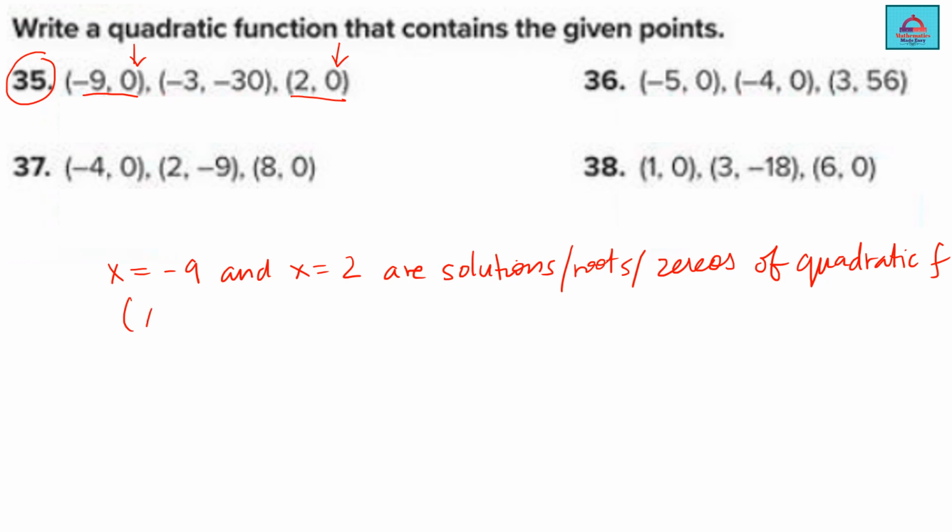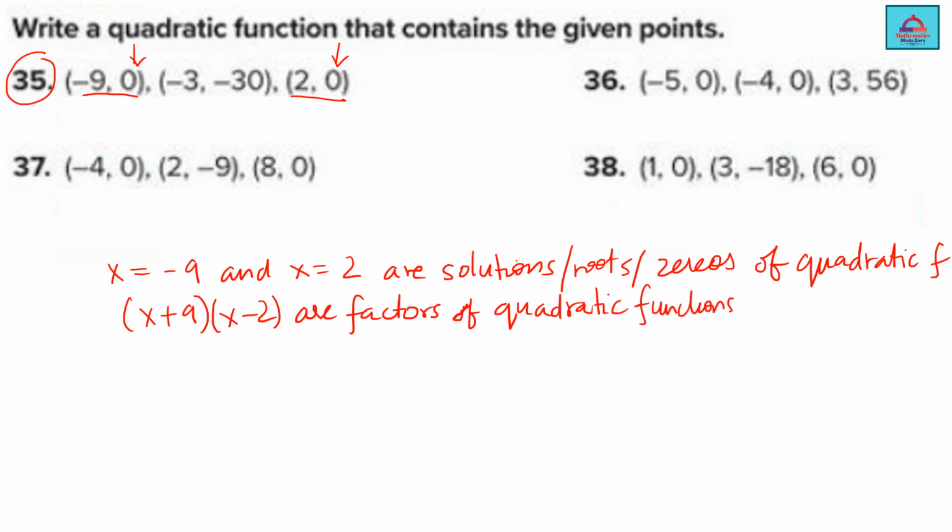So we can say x plus 9 and x minus 2 are factors of the quadratic function. So if these two are the roots, then can I write the function as a times (x + 9) times (x - 2)? Now this point is the given point.